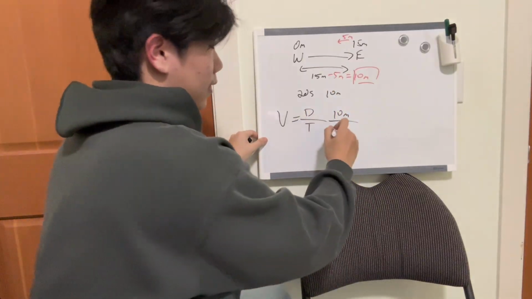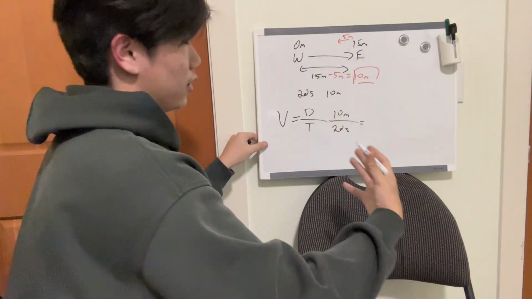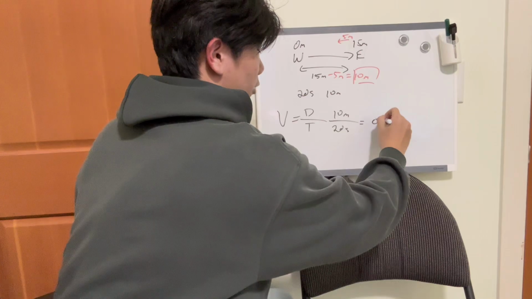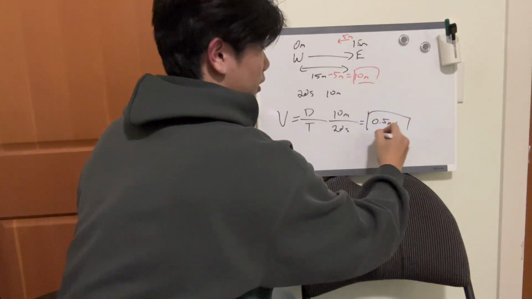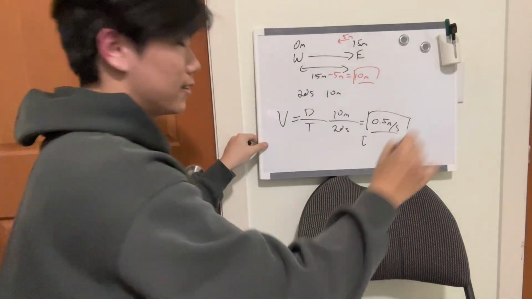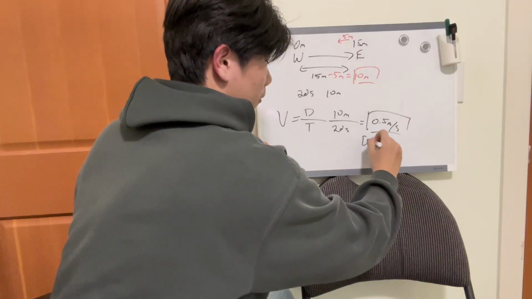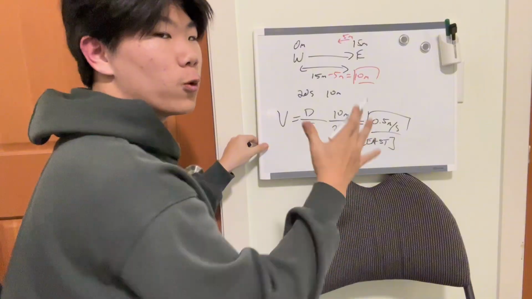My time, 20 seconds. Therefore, my total velocity is 0.5 meters per second. And we should note this is going which way? East. So I am going 0.5 meters per second towards the east.